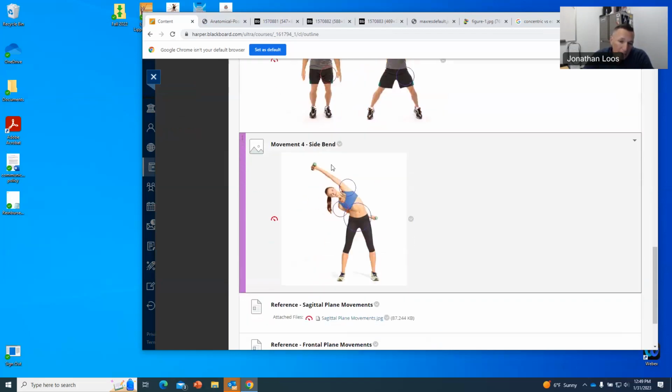Down here, a little tricky with this, our midline. I don't have a screen markup tool, but maybe I do. Let me see real quick.